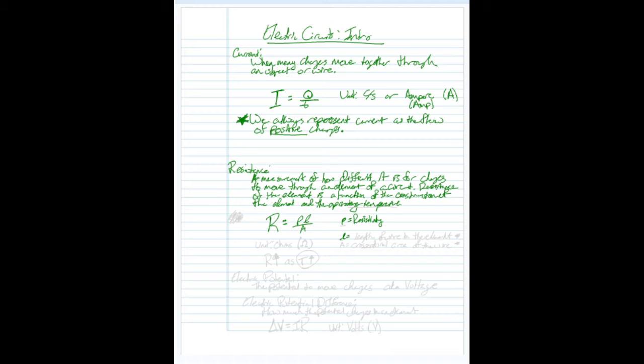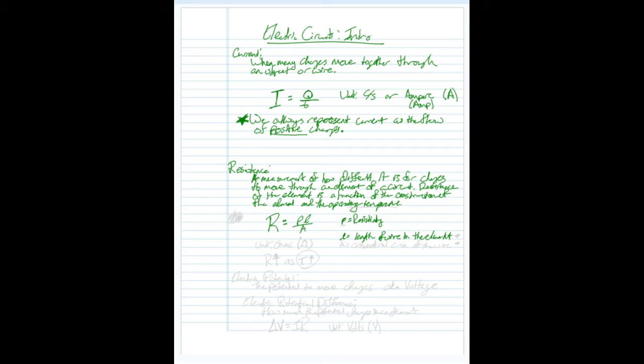L stands for length. It's the length of the wire in the element. Sometimes the element is what we call a resistor, which is just a whole bunch of wire coiled up together. Sometimes the element is more complicated than that, but it's all going to boil down to this.